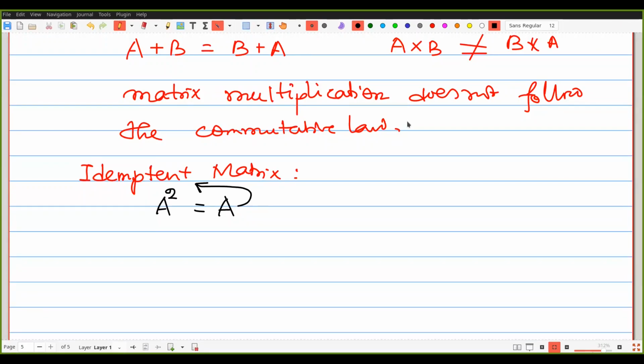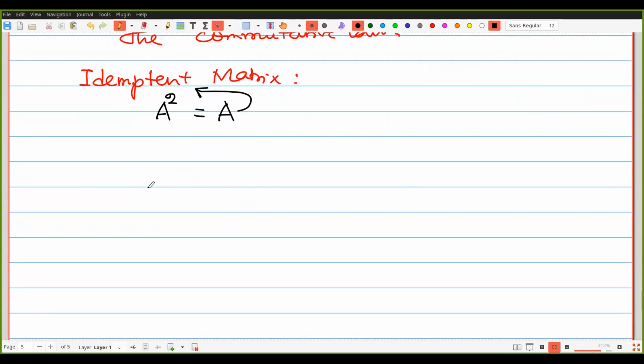So here, suppose we have an example like A is equal to [2, -3, -5; -1, 4, 5; 1, -3, -4]. That is according to your book also, and last class that was already the idempotent example. So we have to find out A square.